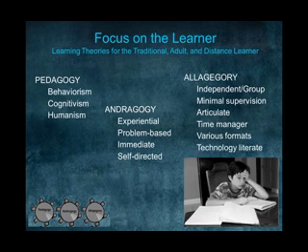Behaviorism started in the 1950s with a look at businesses and organizations, and things like assembly lines, and it was a way for us to look at using instruction behaviorally to teach.